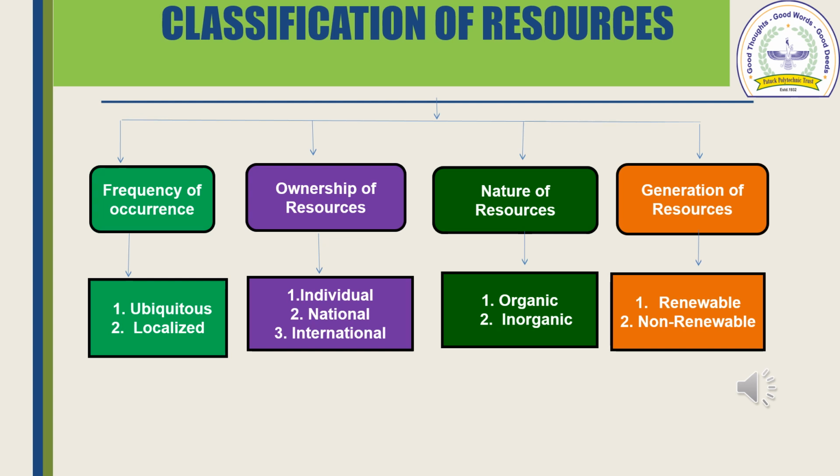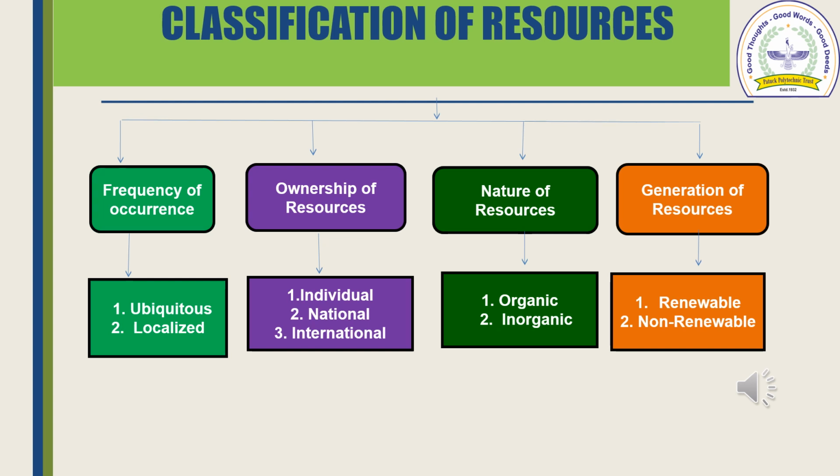Now let us understand first individual resources. Individual resources are also known as personal resources. These resources are exploited or utilized for the benefit of an individual or a family and are called individual resources. For example, plot of land, house, skill, knowledge, etc.